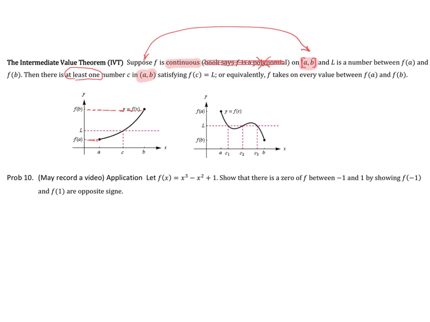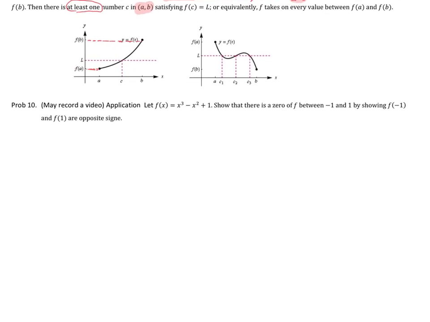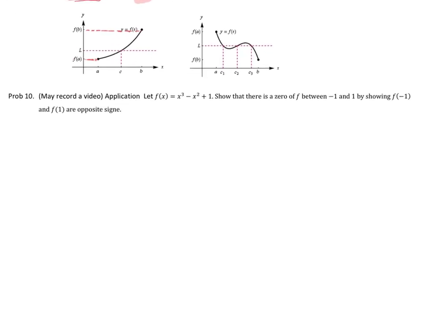Let's take a look at its application in this particular problem. You're given a polynomial function f of x equals x cubed minus x squared plus 1. Without a graphing utility, you probably know the end behavior, which looks like that.